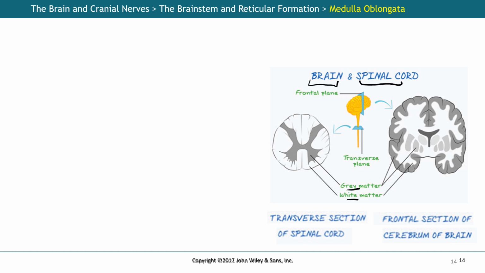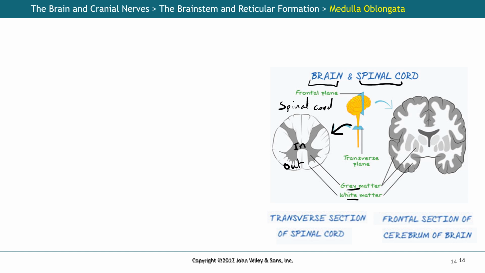So when you see the spinal cord here and you see this section, they did this transverse plane, this imaginary line there, and they cut it. So here you find the gray area is inside, and the white area is outside. So you will find gray matter inside, white matter outside.